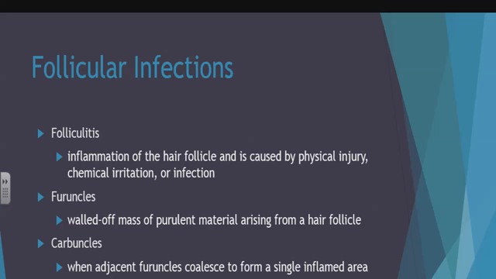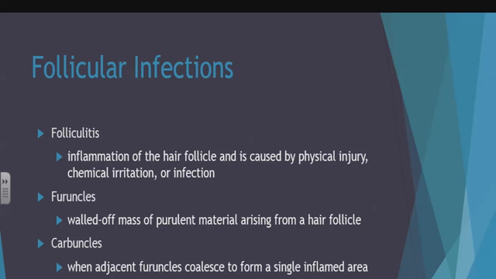Folliculitis is an inflammation of the hair follicle that's caused by physical injury, so it could happen from shaving, right? Chemical irritation or infection. A furuncle is a walled off mass of purulent material arising from the hair follicle. So it's again going to be surrounding that hair follicle, and you're going to start seeing some pus there.